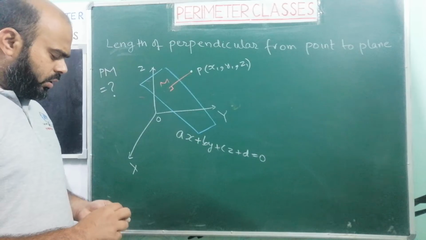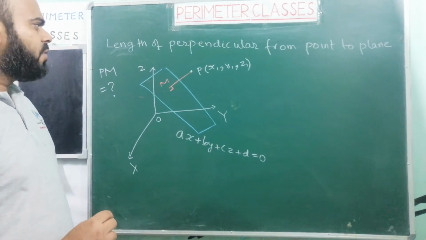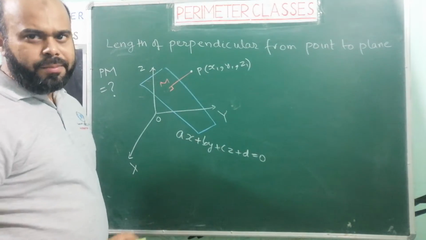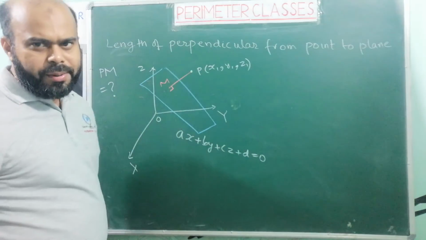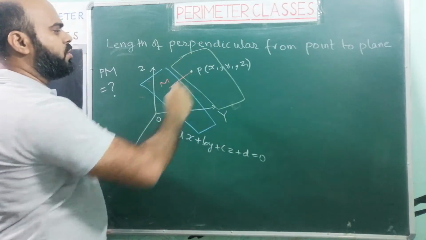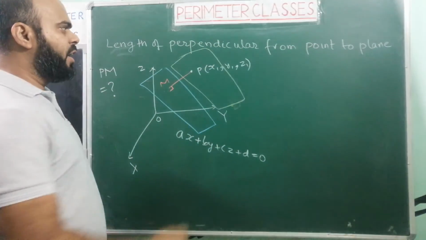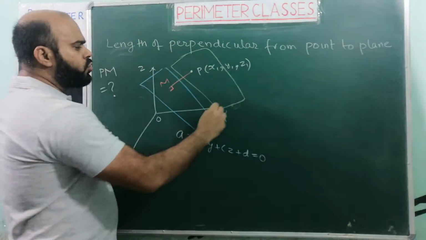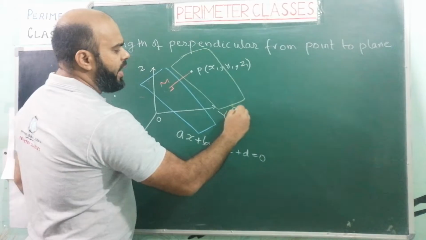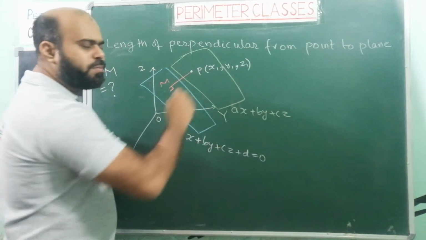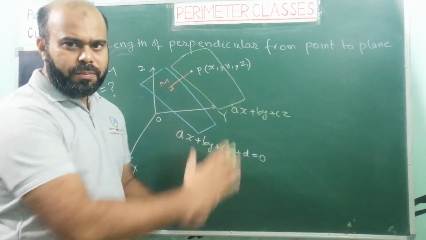Now in order to do this, I will draw a plane which is parallel to this given plane and passing through the point P. So I am drawing another plane which is parallel to the given plane and it is passing through the point P. The coefficients of x, y and z will of course be the same in this plane also, because this is a parallel plane.